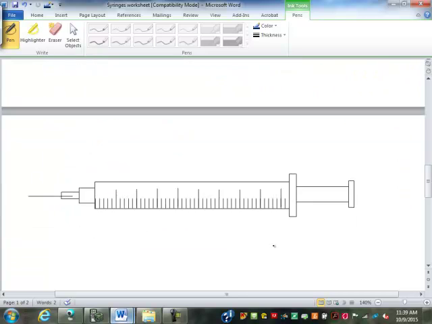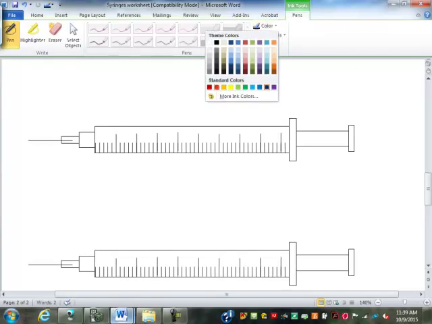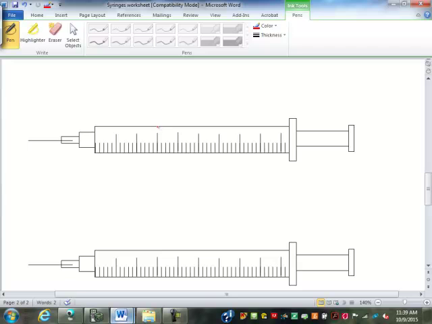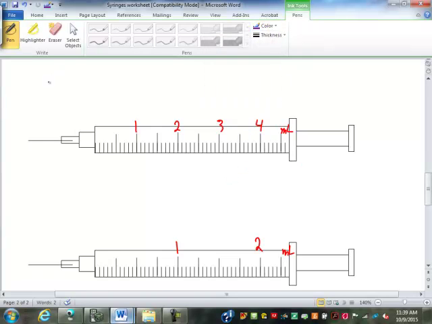So let's say I am given the 2 syringes. And the dosage I need to administer is 2.6 milliliters. Which syringe do I want to use?